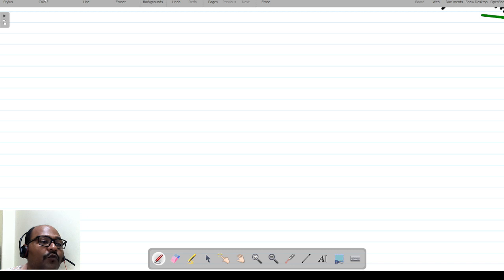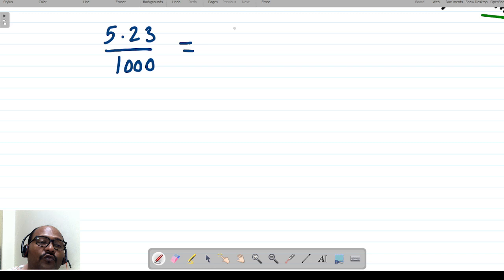Similarly, we will do some more operations. Suppose there is another example. Take the example of 5.23, and let the given fraction be like this, divided by 1000. What will be the answer? Here the decimal 5.23 is divided by 1000. So count the number of zeros.